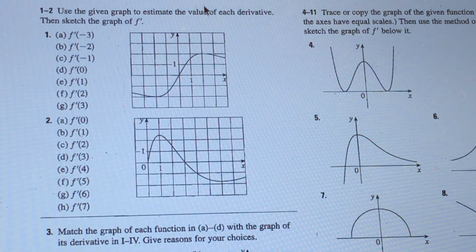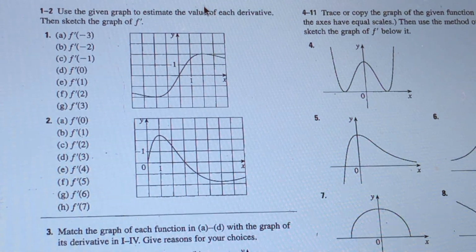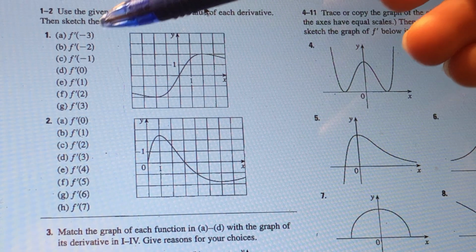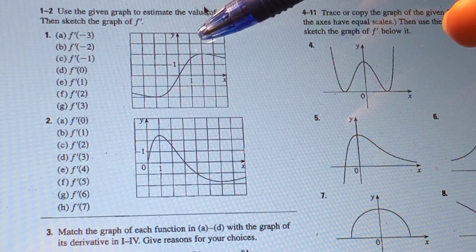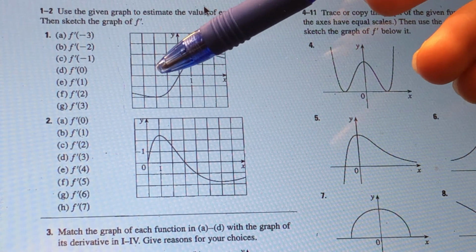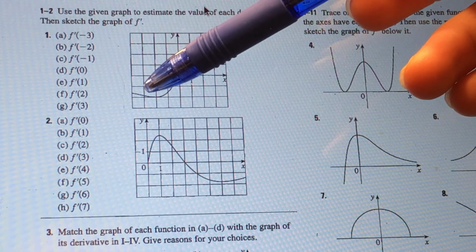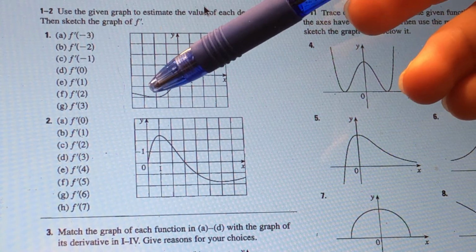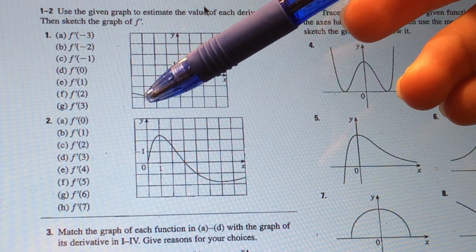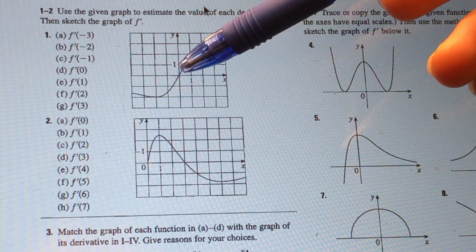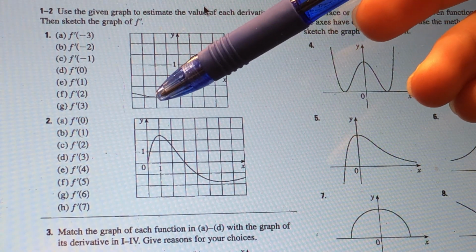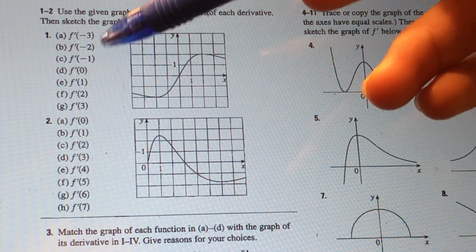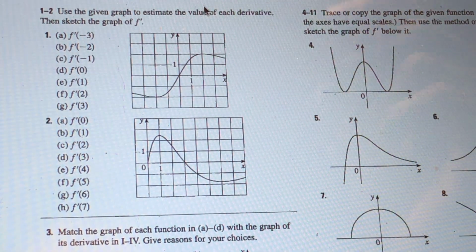We're just going to talk about this first one here. What is the derivative when x is negative 3? It's still slightly going downhill, so the derivative is negative. When x is negative 2, it looks like it's exactly 0. So for part B, we would say the derivative is 0.